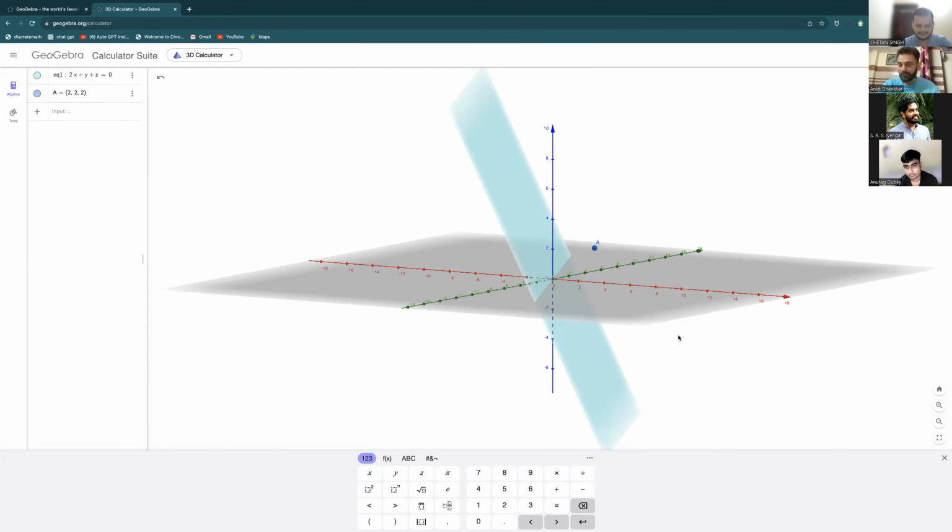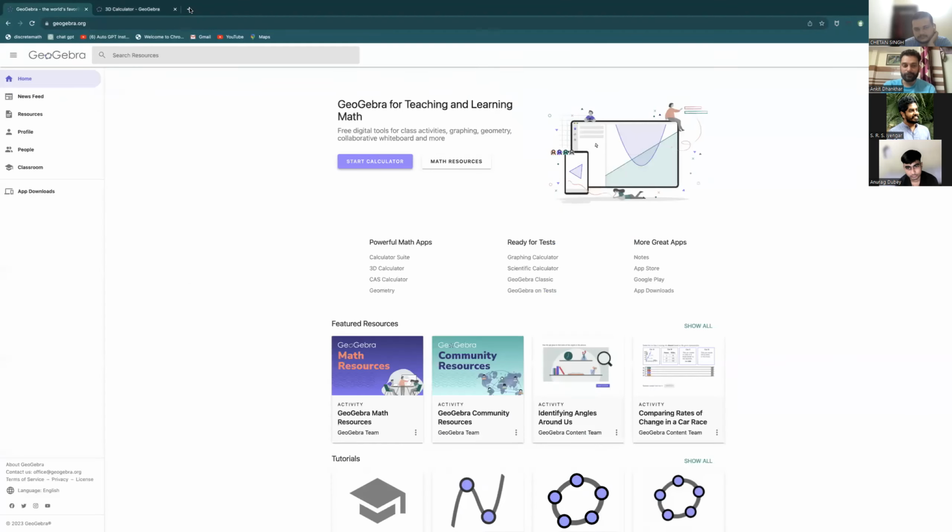If someone is not having access to a system, I have just shared a link to access this GeoGebra, the same drawing that Sir drew. And try rotating it, seeing it from different angles and see what is the nearest point on the plane to A. And is there some property that we can use to identify it?